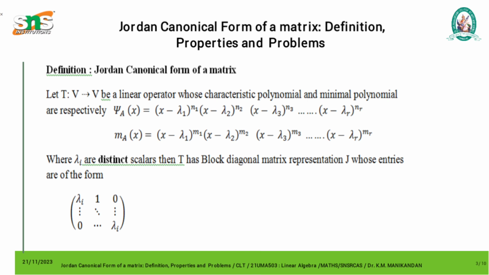Here lambda 1, lambda 2, lambda 3, etc., lambda r are the eigenvalues of the matrix A.